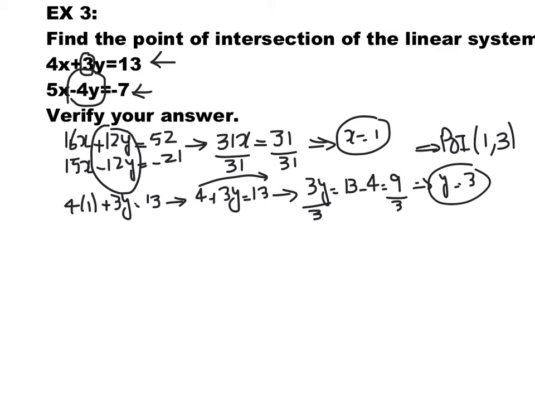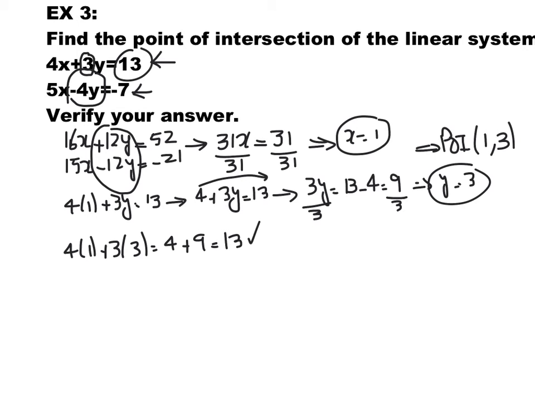Now to verify our answer, we're just going to substitute it back in both equations. The first equation, we get 4 times x is 1 plus 3 times y is 3. 4 times 1 is 4 plus 3 times 3 is 9. 4 plus 9 is 13, which is the correct value. So the first one is okay.